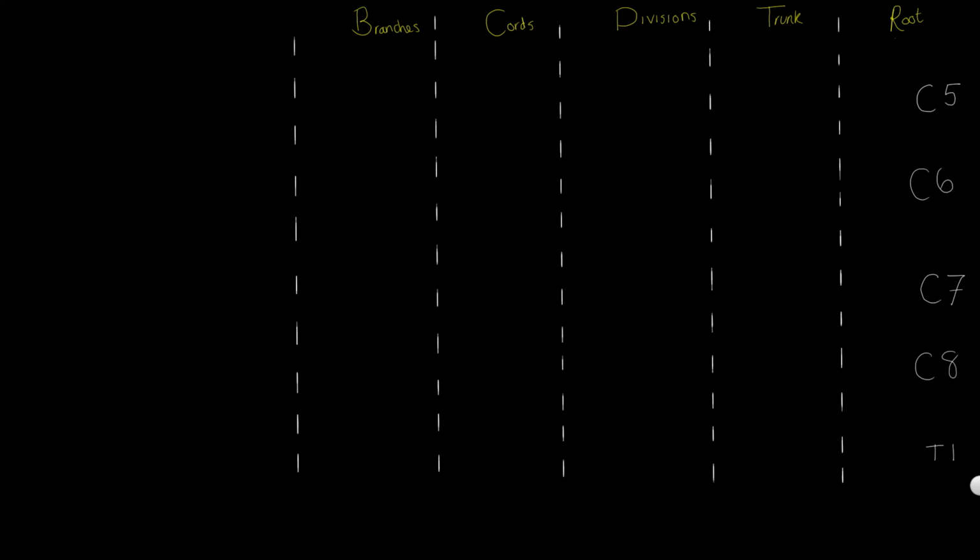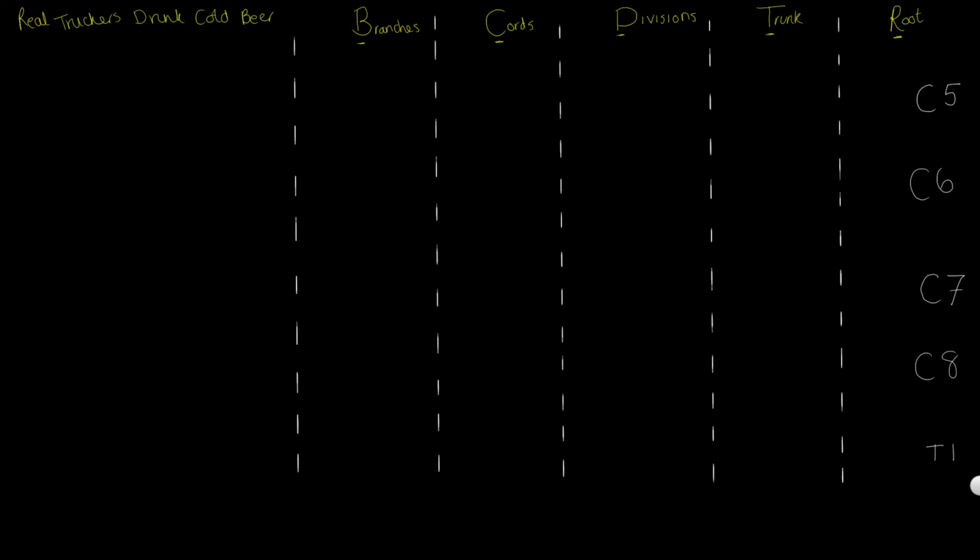These zones that segregate the areas of fiber exchange are termed the roots, the trunk, divisions, cords, and finally branches as they leave the cervical plexus. A mnemonic to help you remember these zones is real, truckers, drink, cold, beer.